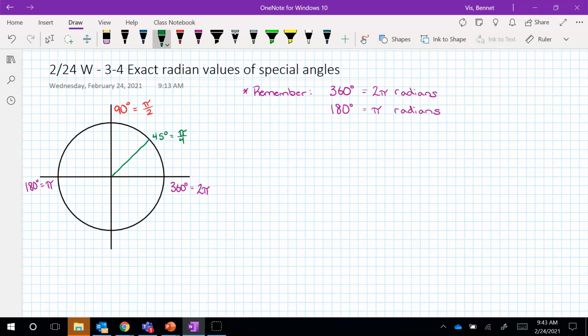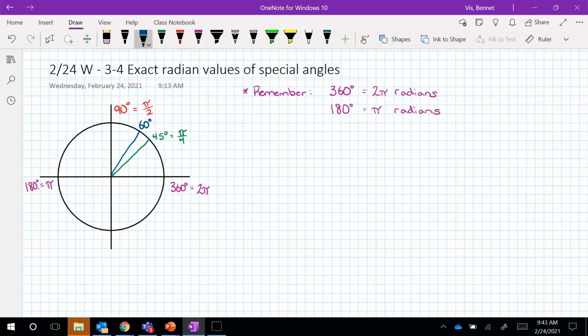I can do the same thing. I'm going to actually throw back to the 180 equals pi to get my 60 and my 30, right? 60 degrees is 1/3 of this. So if I wanted to get my 60 degree angle here, right, the one kind of coming up here a little closer to 45, it's only 15 degrees away from 45, 30 away from 90.